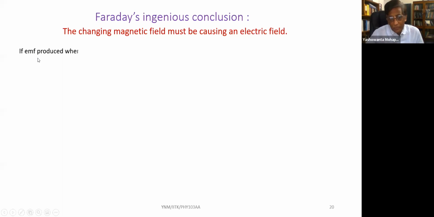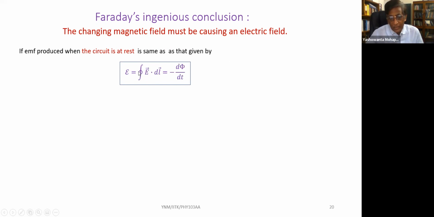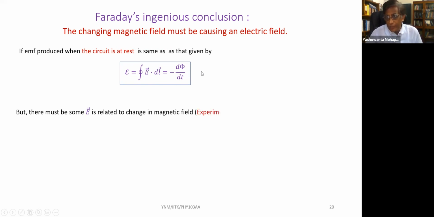So if the EMF produced when the circuit is at rest is the same as that given by, let's say, the integral of E dot dl, that's the EMF definition, equal to minus d phi by dt, even if you have the magnetic field changing, there must be some electric field associated with the change in the magnetic field, which can move the charge.